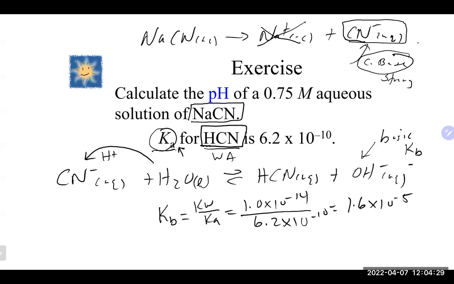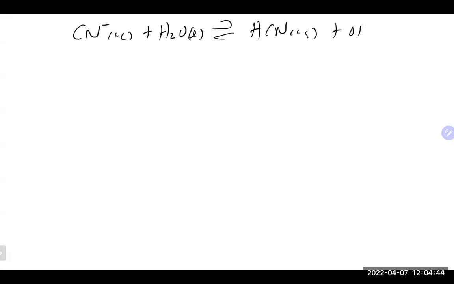All right, so now we are ready to do our actual problem. We're going to take our CN minus, just going to rewrite it here, plus H2O. Going to give us some HCN and our hydroxide. So I believe it was 0.75 to begin with, 0 and 0.